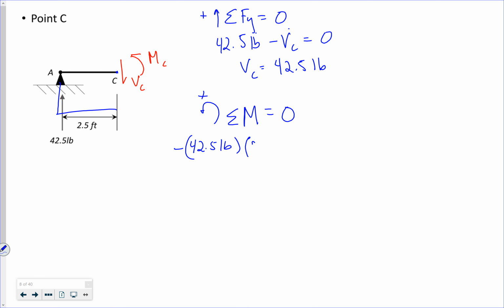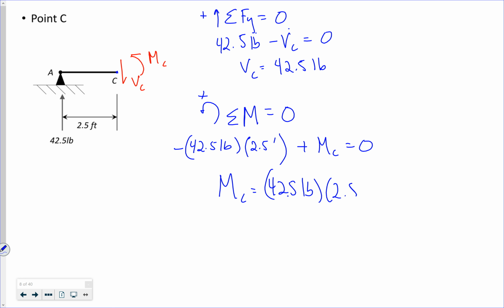So 2.5 feet times 42.5 pounds plus my moment at C. So my moment at C is 42.5 pounds times 2.5 feet, which should be 106.2 foot-pounds.